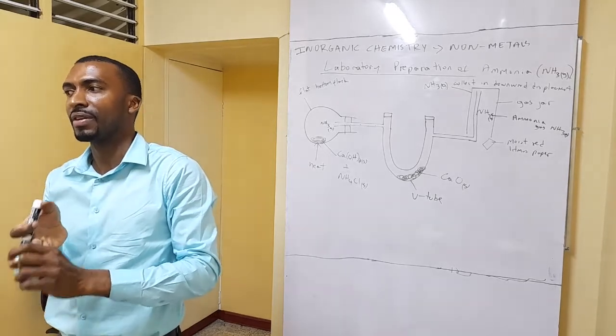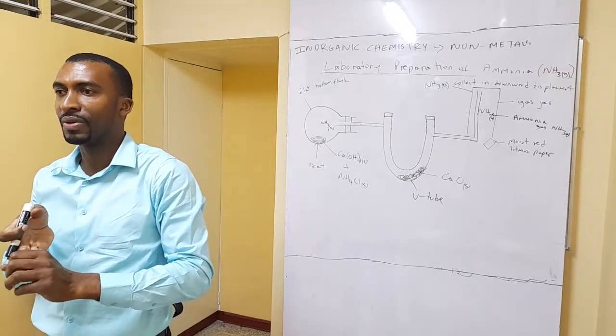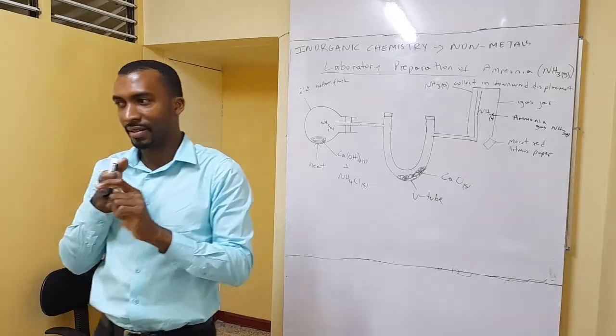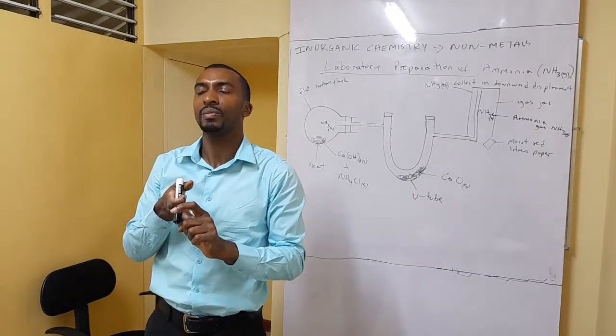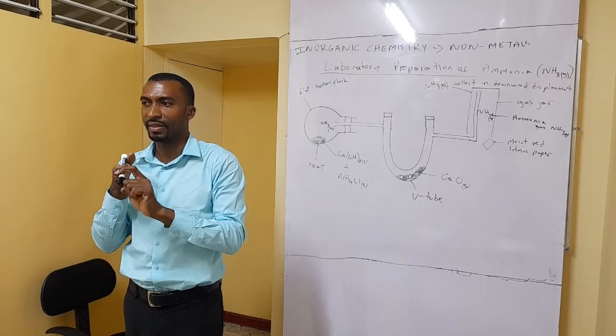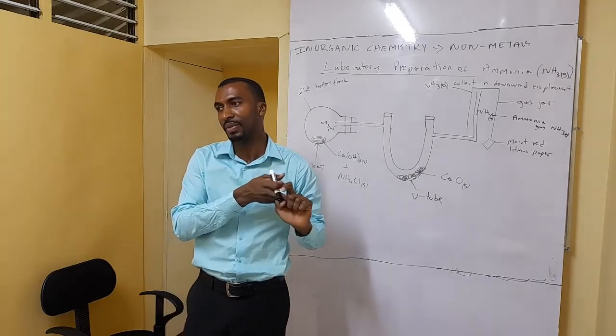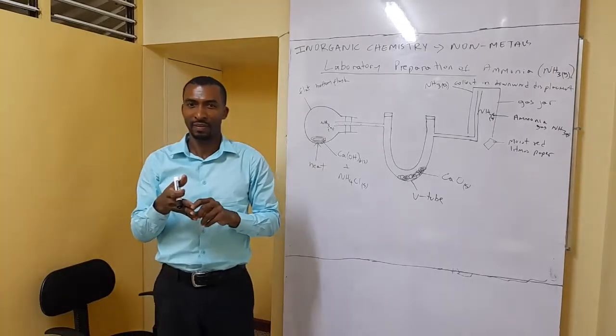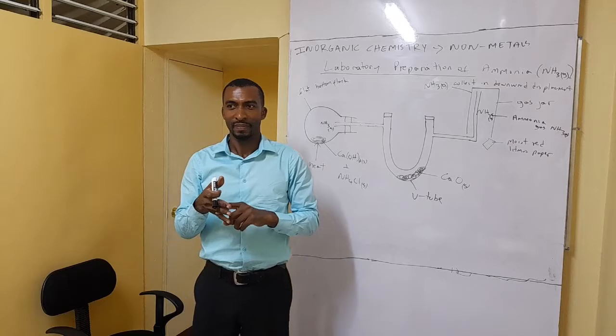Carbon dioxide will form carbonic acid in water. But ammonia is a basic gas, so it will dissolve in water to produce ammonium hydroxide. So it's probably the only basic gas.